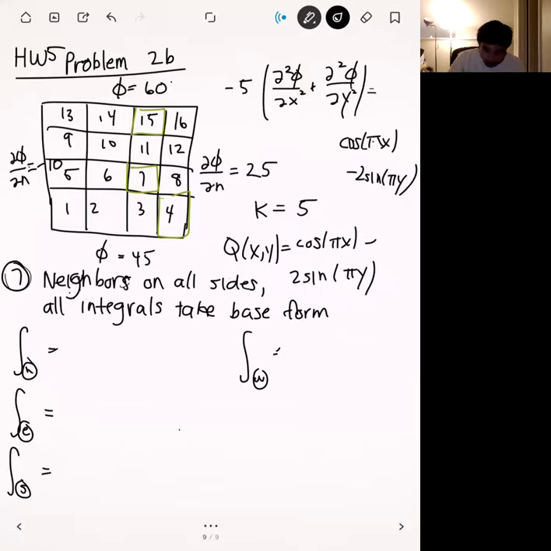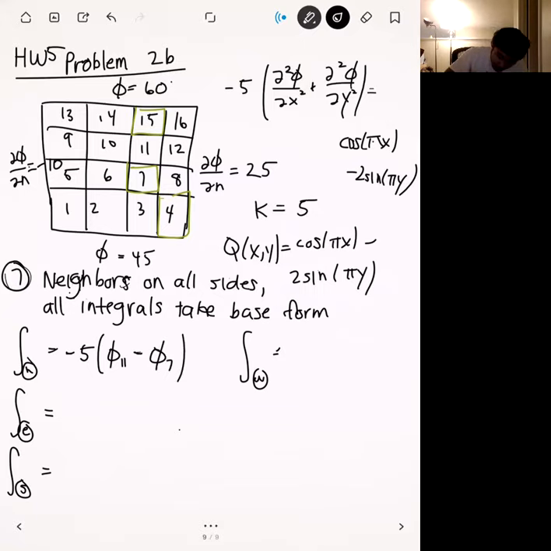All right, so for the north face, what we have here is a minus k, and so we have a minus 5, okay, times the north neighbor, which is phi 11, minus phi sub c here, which is phi sub 7, okay. Right.